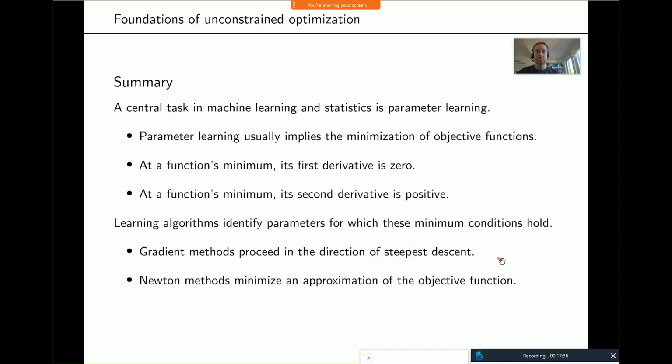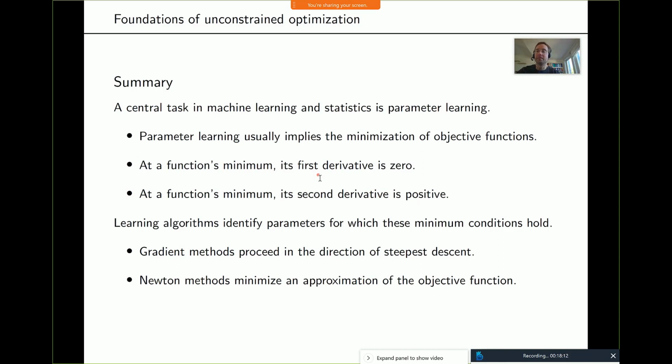And this is essentially what I wanted to say about optimization. Again, optimization is crucial because in parameter learning, as it's called in machine learning, or parameter estimation, as it's called in statistics, we always need to minimize some objective function. We have criteria to know what a minimum is, and there are books on different methods for minimization of functions.